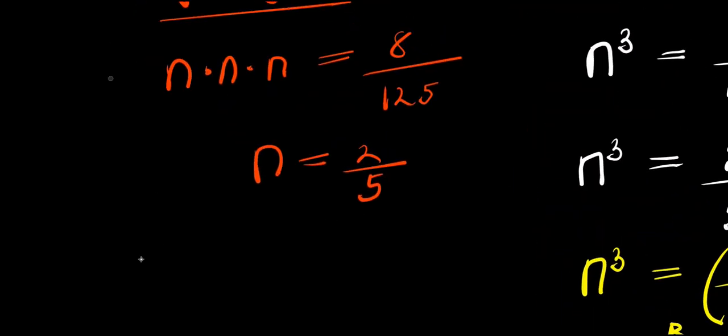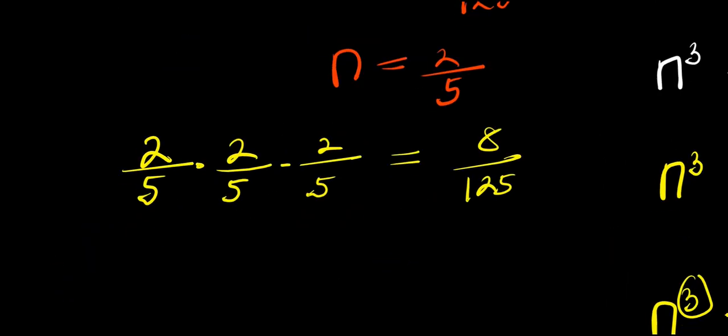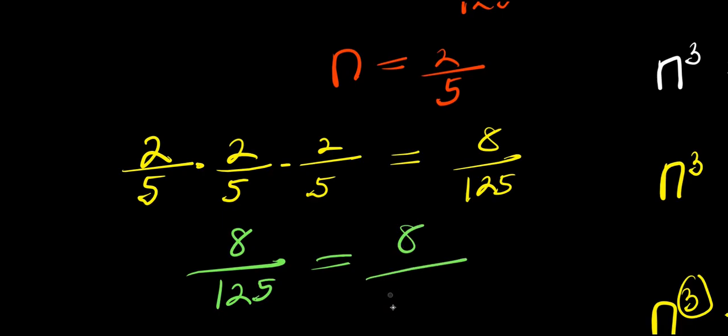So we have 2 over 5 times 2 over 5 times 2 over 5 equals 8 over 125. You can go ahead and multiply the numerator: 2 times 2, 4, times 2, 8. Divided by 5 times 5, 25, times 5, that is 125. Equals 8 over 125.